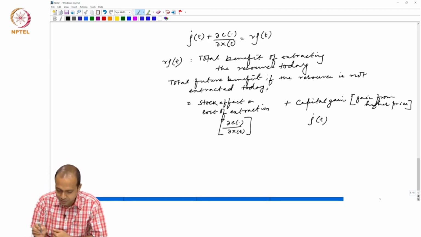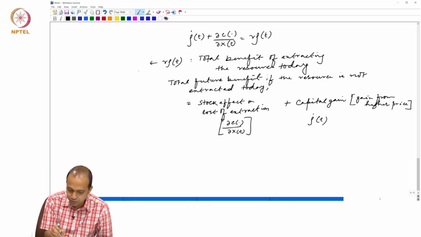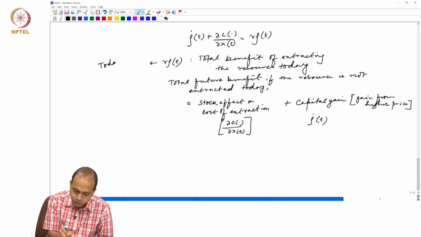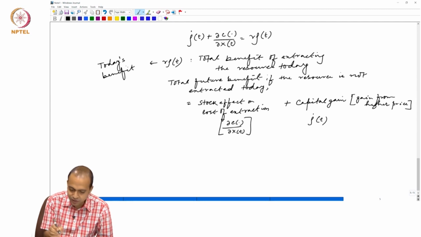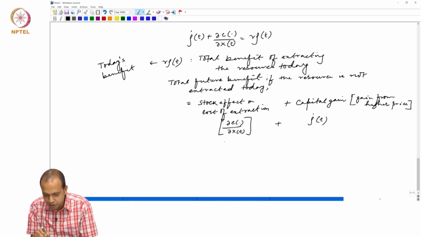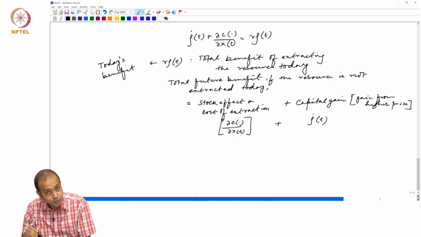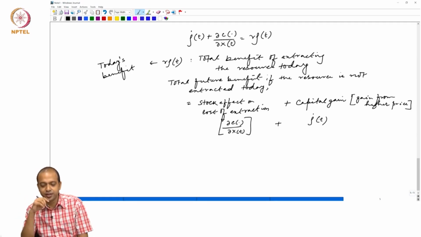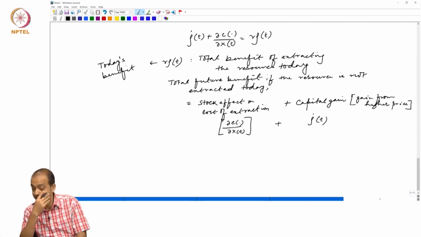Today's benefit is given by R into rho T, and tomorrow's benefit is the summation of these two benefits, the stock effect on cost of extraction and the capital gain denoted by rho dot T. So, this is a very simple rule that we have derived from the cost of extraction of a non-renewable resource. We have derived the price condition.